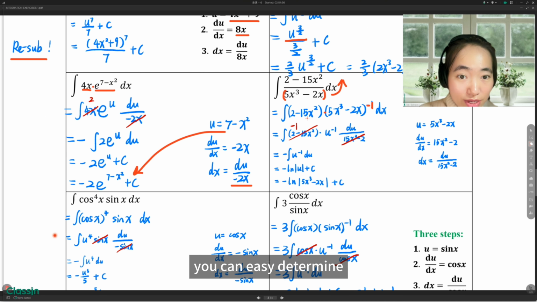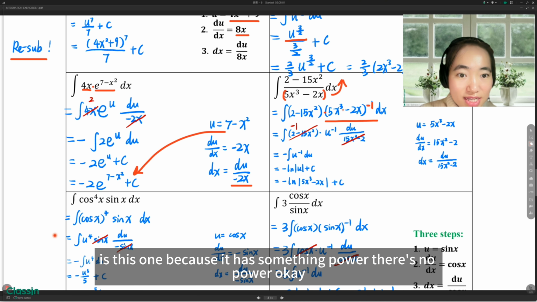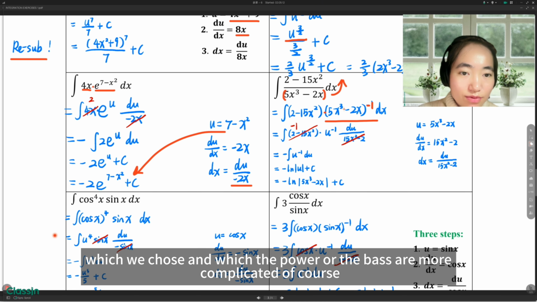So now you can easily determine which one is complicated. Of course, it's this one because it has something to the power. There's no power here, okay? It's more complicated. 2 to the power negative 1.